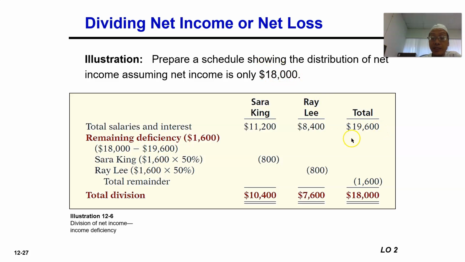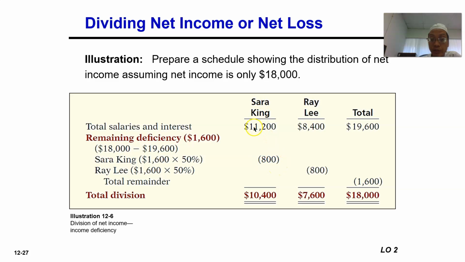So there's a deficiency of net income after distributing salary and interest. What do we need to do? The remaining deficiency of 1,600 is divided among the two, which is a negative of 800 each.